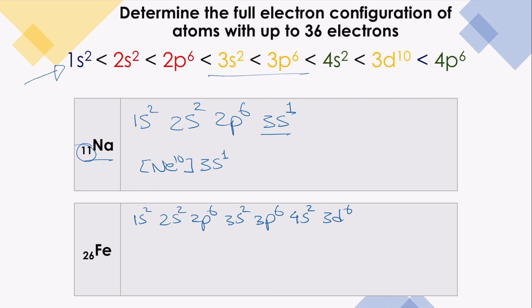You can write it in a condensed form using Ar, which is the nearest noble gas to Fe26. After Ar, which replaces these sublevels, you have 4s2, 3d6. This is the condensed form of the electronic configuration for Fe26.